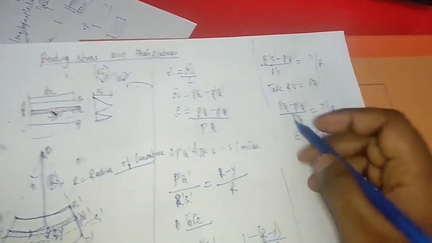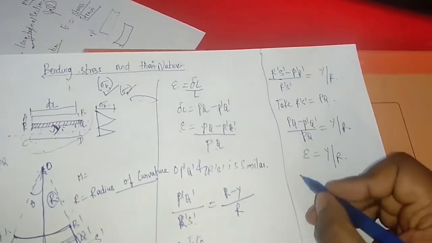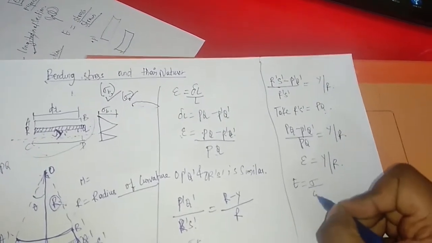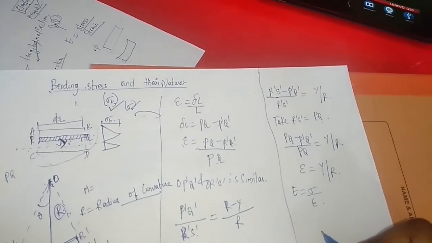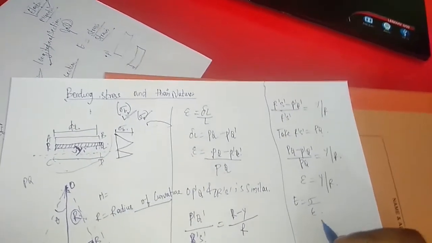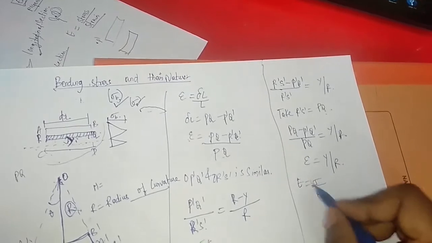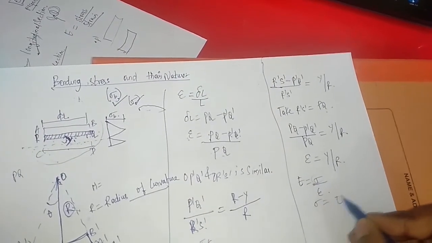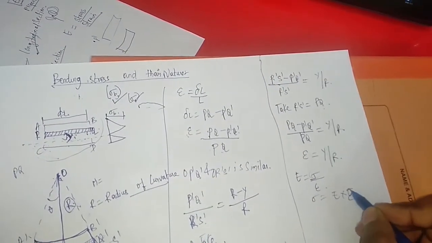So what is strain actually? We have another formula, right? Young's modulus E is equal to stress by strain. So we can write stress, sigma, is equal to E into strain.